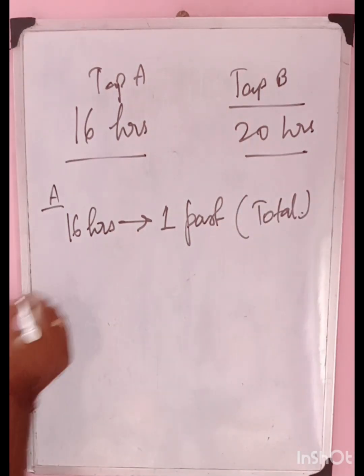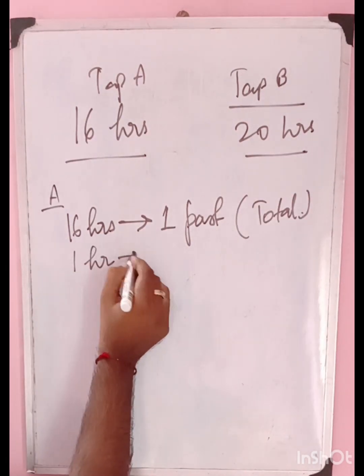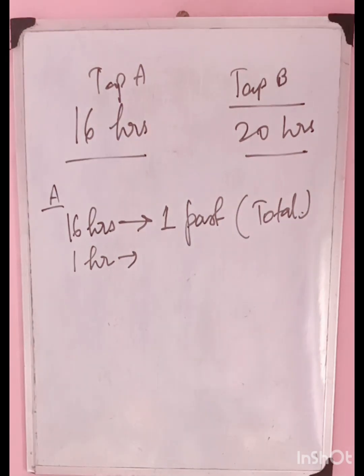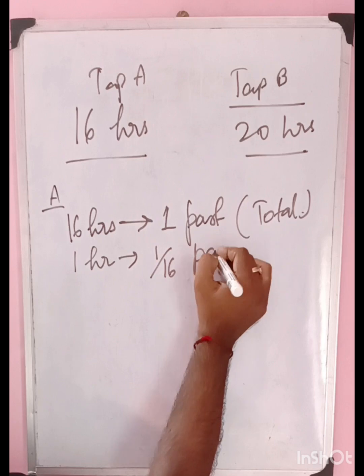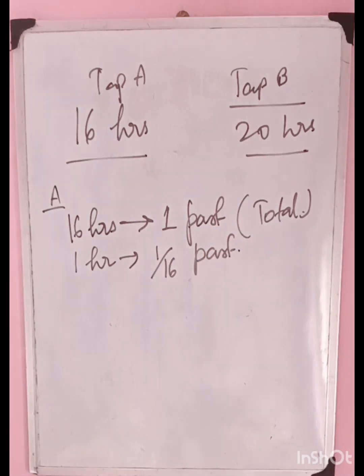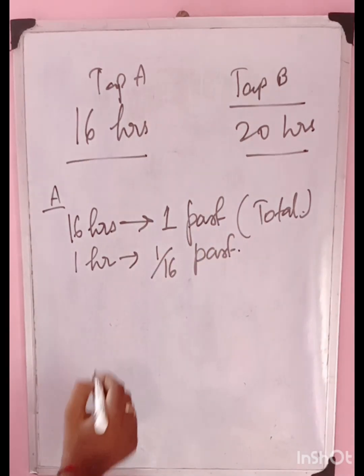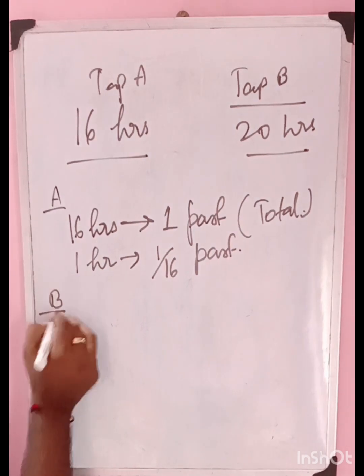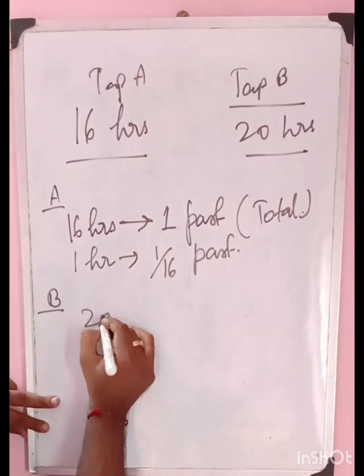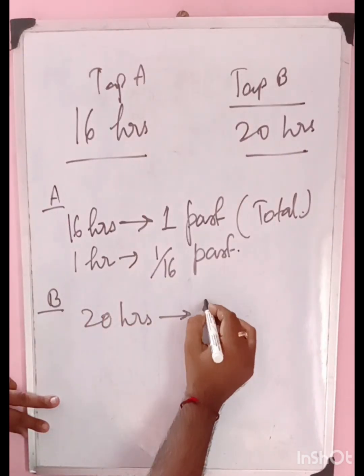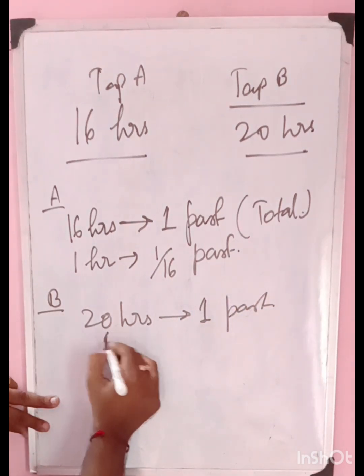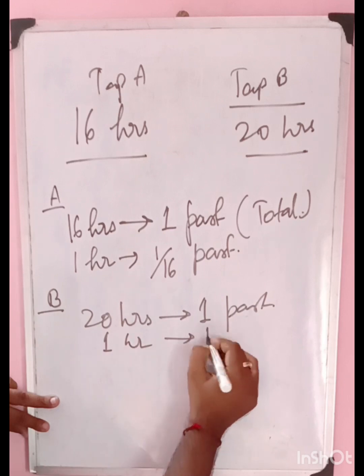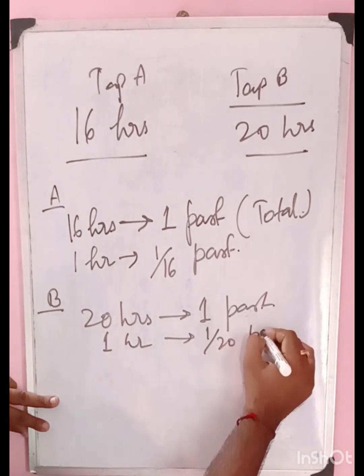So in 1 hour, obviously it will fill less, that is 1 by 16 part. Clear? For tap B, similarly, in 20 hours it fills one part and in 1 hour it fills 1 by 20 part.